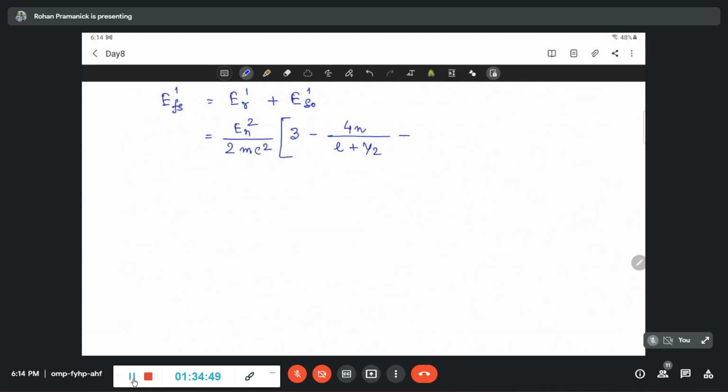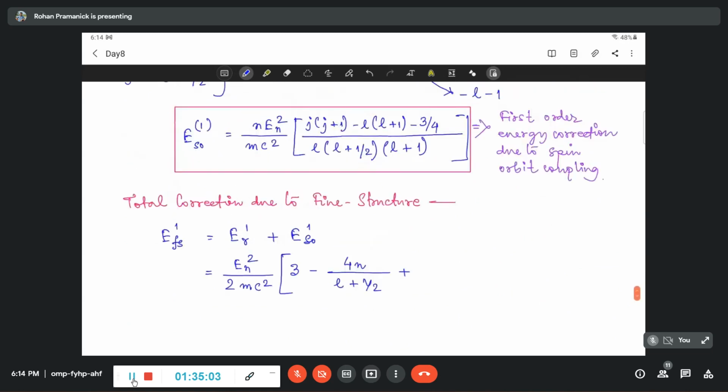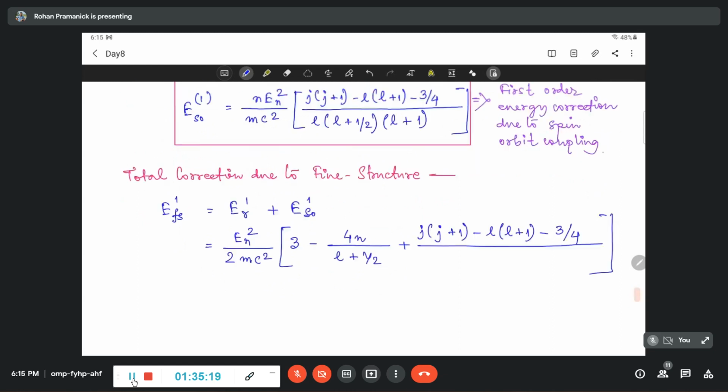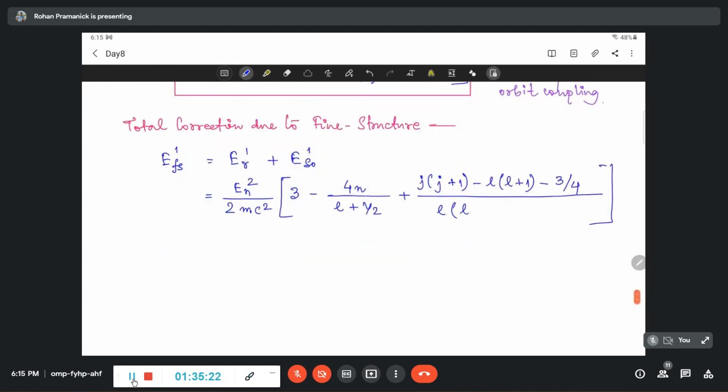And now you have plus all this thing. So we'll find this: L, j into j plus 1 minus L into L plus 1 minus 3 by 4, over L into L plus half times L plus 1.